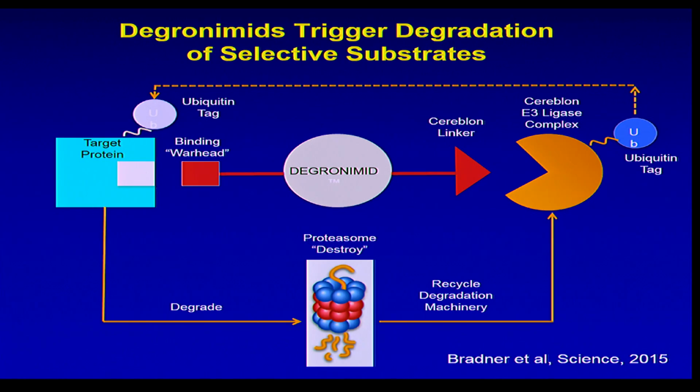They look like IMiDs, or maybe they don't. But they bind to cereblon, and they have a linker so that you can degrade the protein that you want. You bind to cereblon, the ubiquitin tag is put on a protein, whether it's cell surface, cytosolic, or otherwise, and you actually degrade the protein. But that grew out of knowledge of how the IMiDs actually worked.